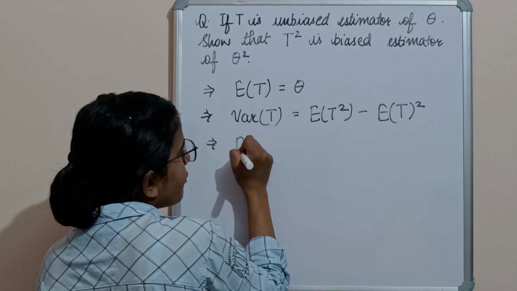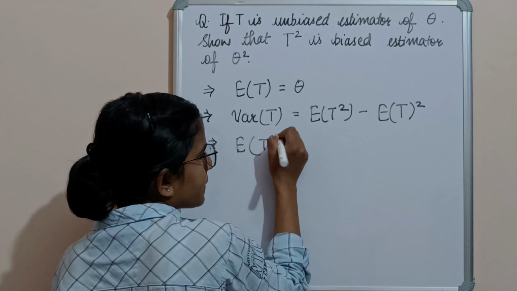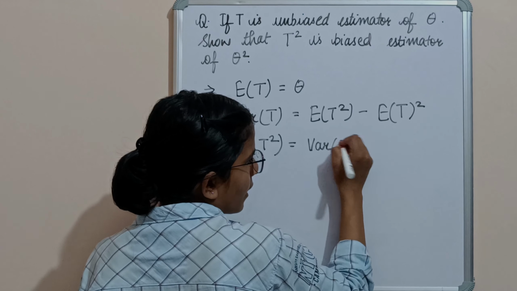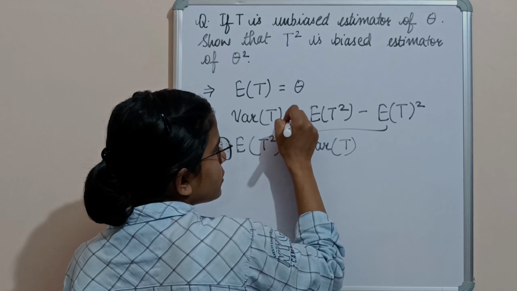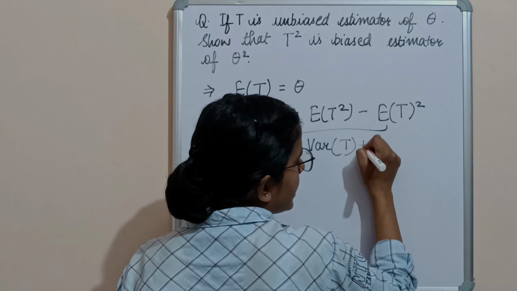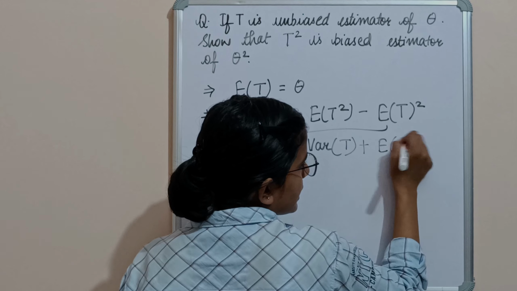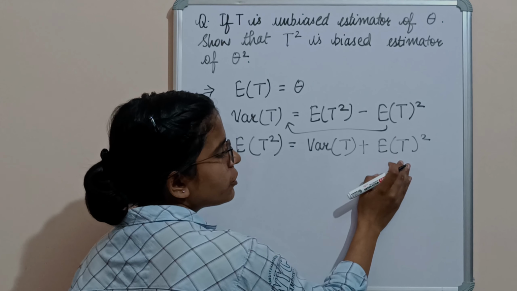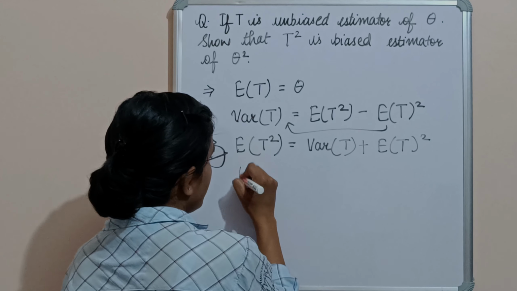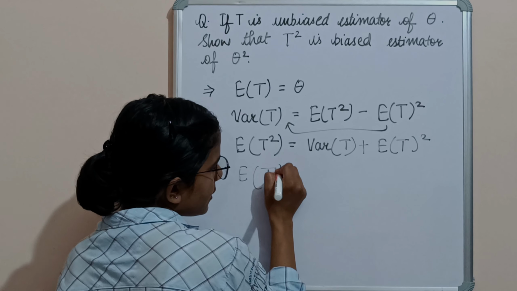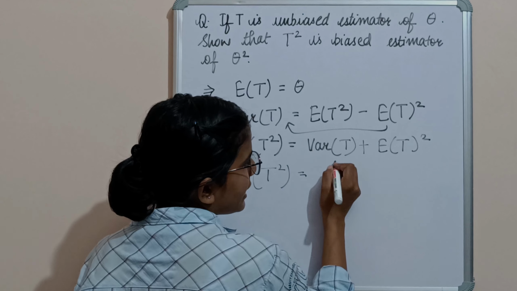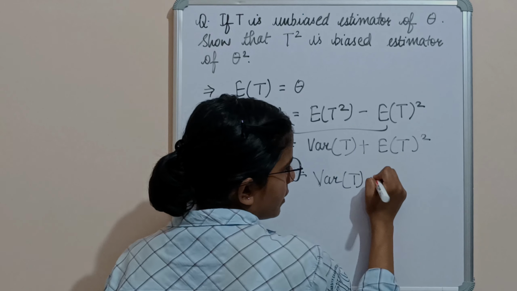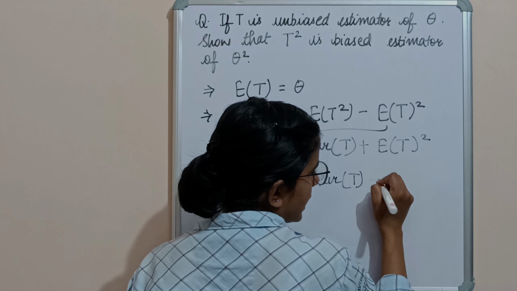Now, if we want to find expectation of T square, this will be equal to variance of T, and we will take E of T square to the left side. So this will be plus E of T whole square. Now we already know that expectation of T is theta. So expectation of T square equals variance of T plus theta square.